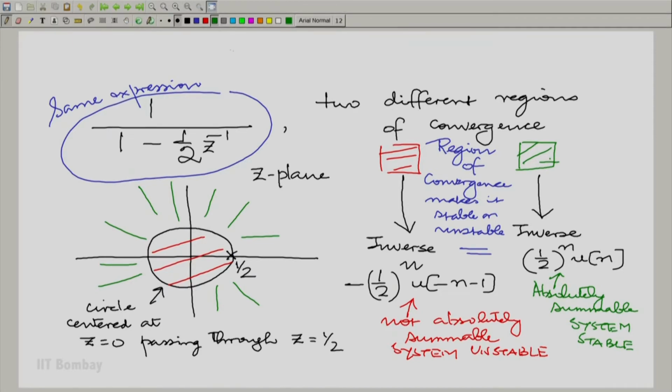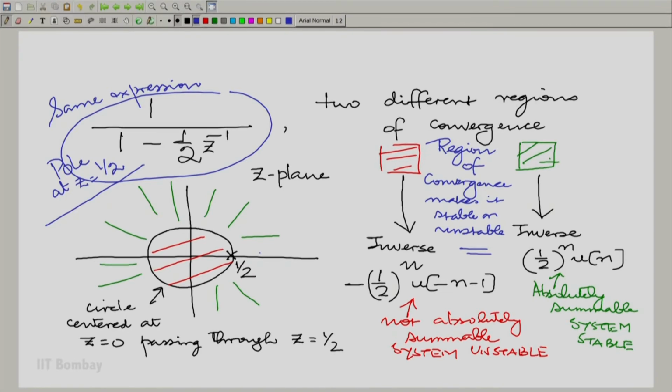Here you notice that the pole had a magnitude less than 1. There was a pole at z equal to half. If I took the region exterior to the pole, the green one here, the corresponding sequence that resulted for the impulse response was a right-sided sequence.